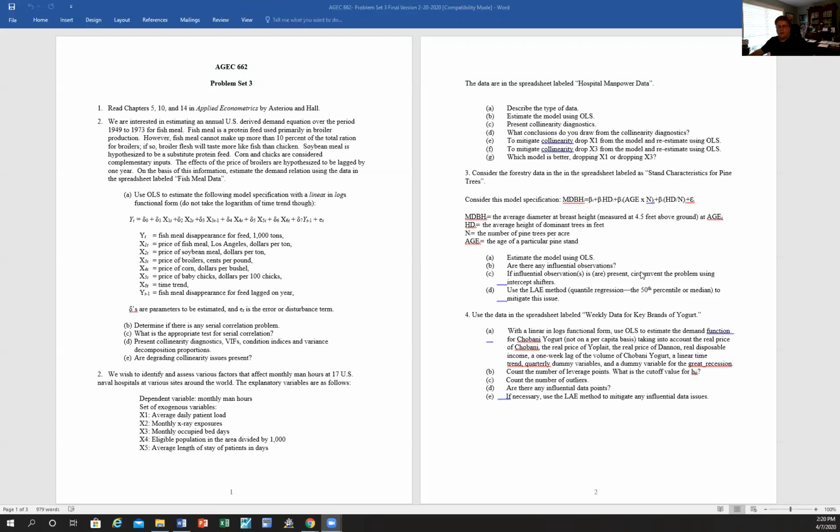The same for problem 3, but just keep in mind influential observations occur whenever we have our R-student statistics bigger than 2 in absolute value, or the hat diagonal element is greater than or equal to 2p over n.